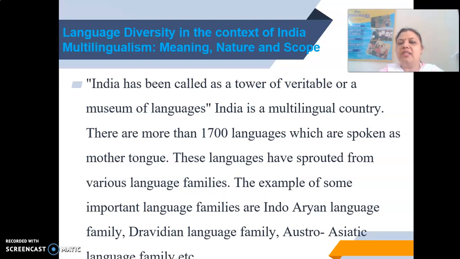India is a multilingual country and there are more than 1700 languages including dialects and subdialects or sublanguages which are spoken as mother tongue. These languages have sprouted from various language families. Examples of some important language families are the Indo-Aryan language family, Dravidian language family, Austro-Asiatic language family, etc.